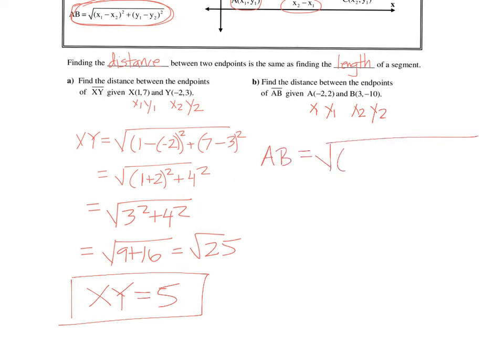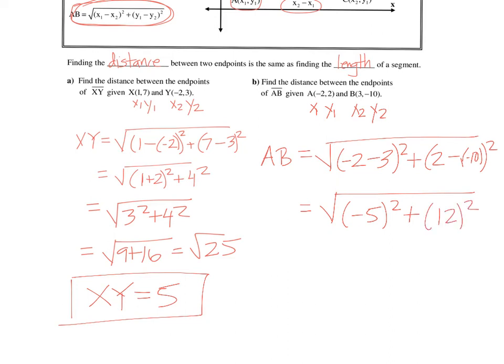All right, so I have x1, which is negative 2, minus x2, which is 3, plus y1, which is 2, minus y2, which is negative 10. So now I have negative 2 minus 3, which is negative 5 squared, plus 2 minus negative 10, which is 12 squared.